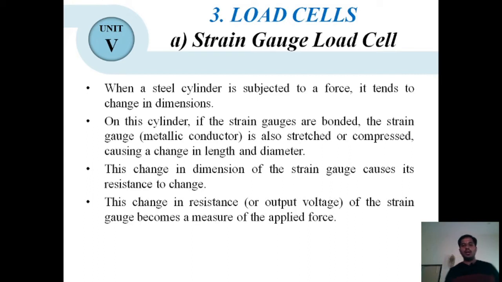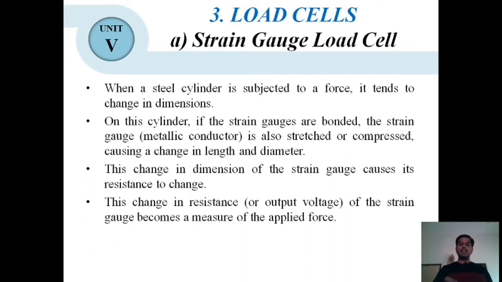So on the cylinder, if the strain gauges are bonded, the strain gauge is also stretched or compressed, causing a change in length and diameter. If we apply a compressive force, its length decreases and its diameter increases. If we apply a tensile force on the steel cylinder, its diameter decreases and its length increases.